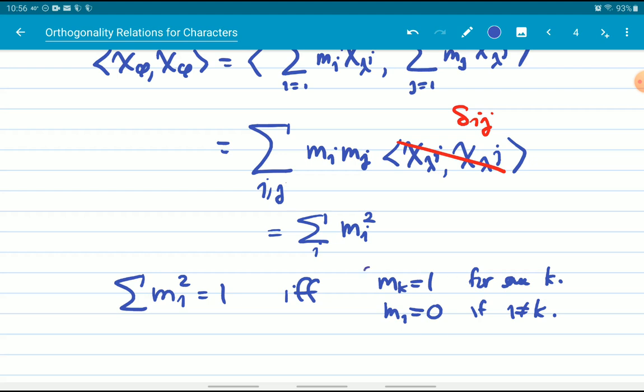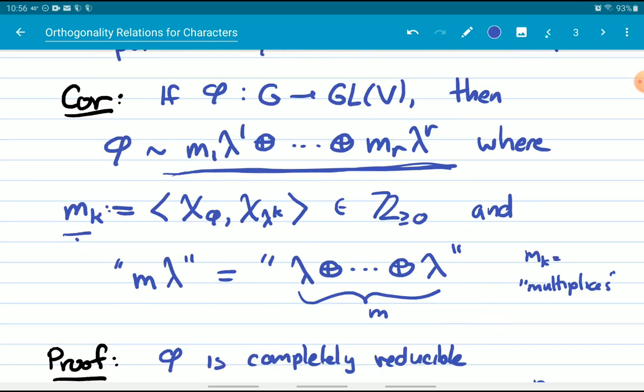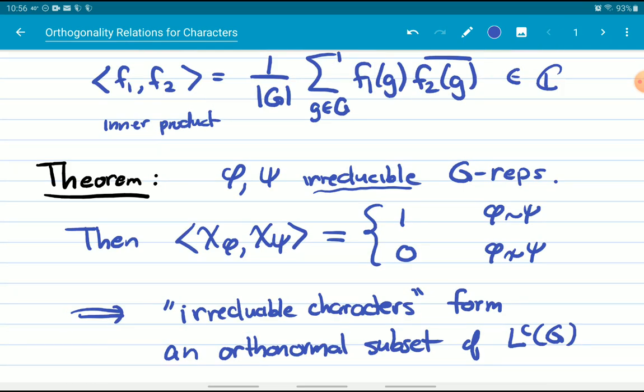And of course, if this is the case, that's saying exactly that phi is equivalent to lambda k. So it's irreducible. So basically, the orthogonality relation, which is what this is called, is the whole ball game. And I'll prove that soon.